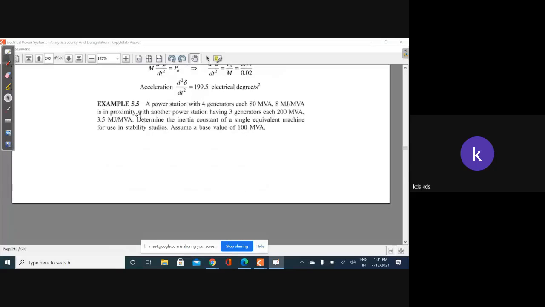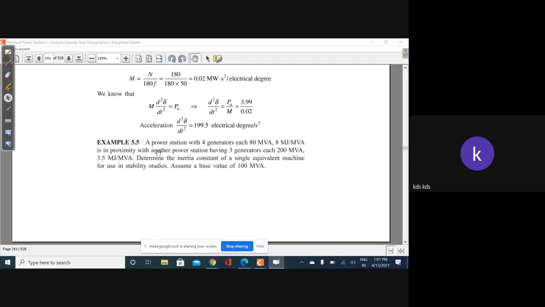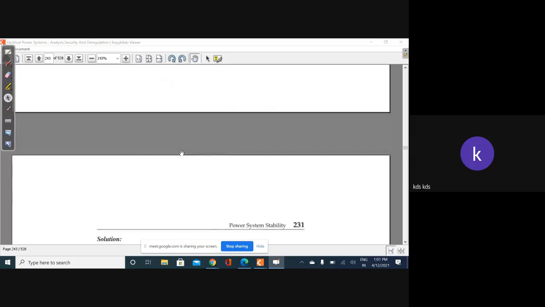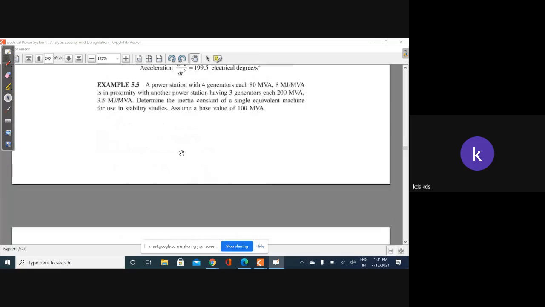Another example, let us consider that we have a number of generators. This is another important example. In the previous example we had only one generator, but generally in a power system we have a number of generators which are swinging coherently.